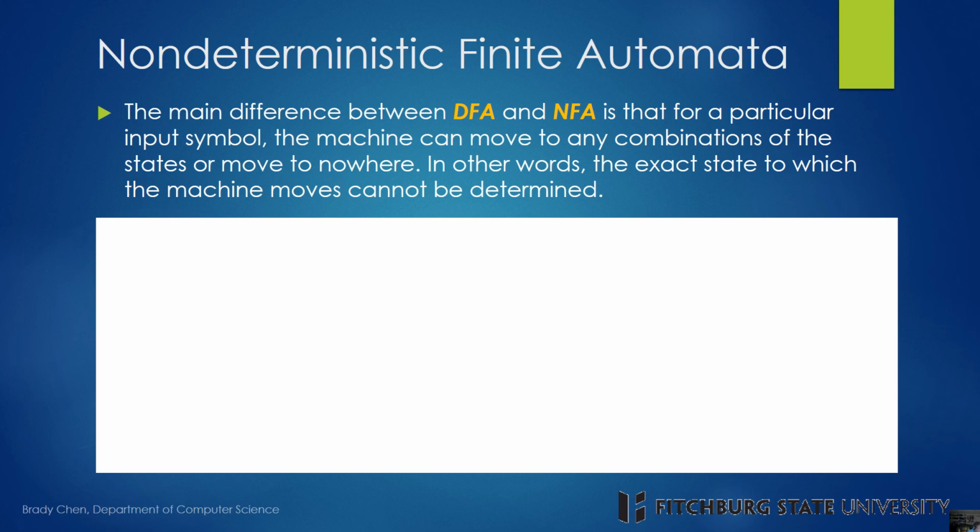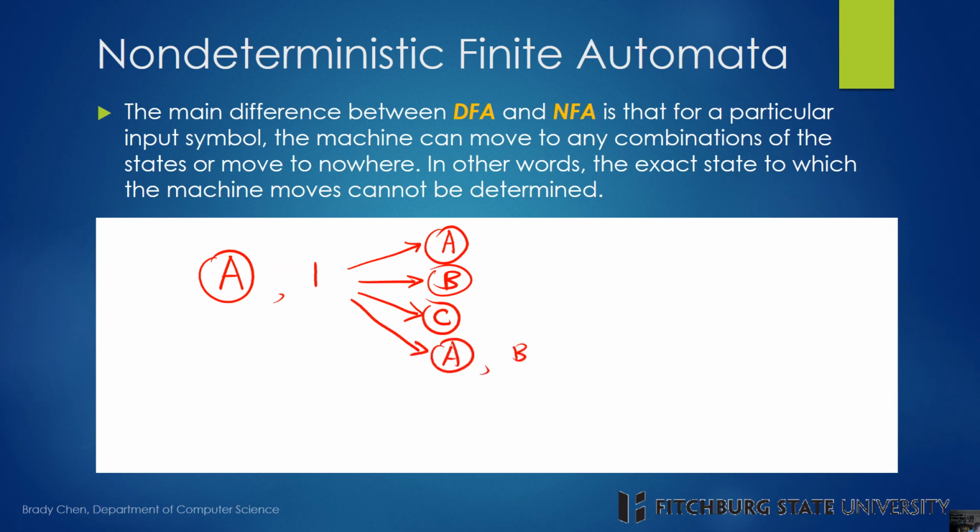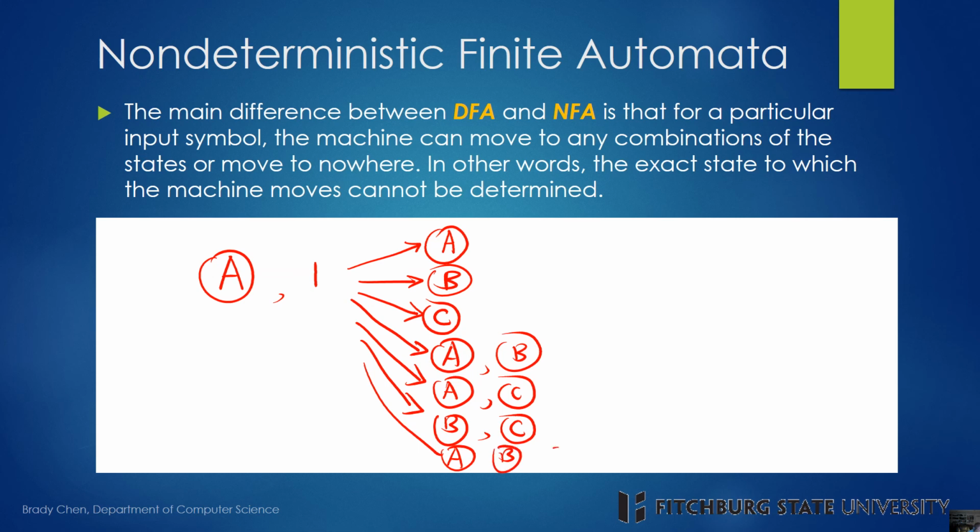As we mentioned, with the current state A and the current input 1, the machine can move to A itself, or move to B, or if there's another state C, the machine can move to C, or the combination of A, B, or A, C, or B, C, or A, B, C. There are all the possibilities, or it can actually move to nowhere.